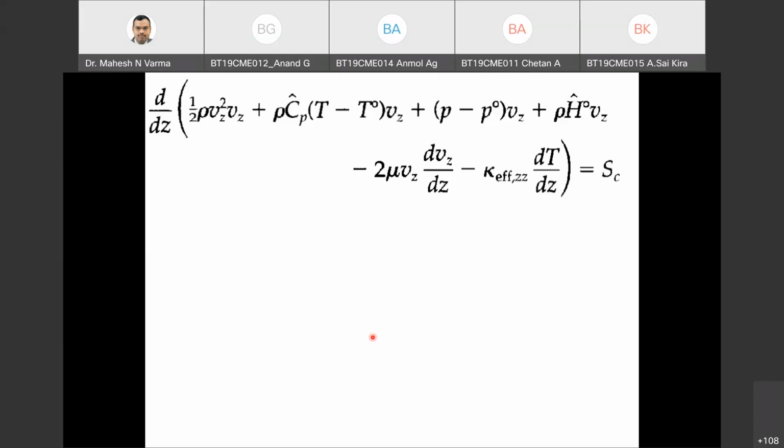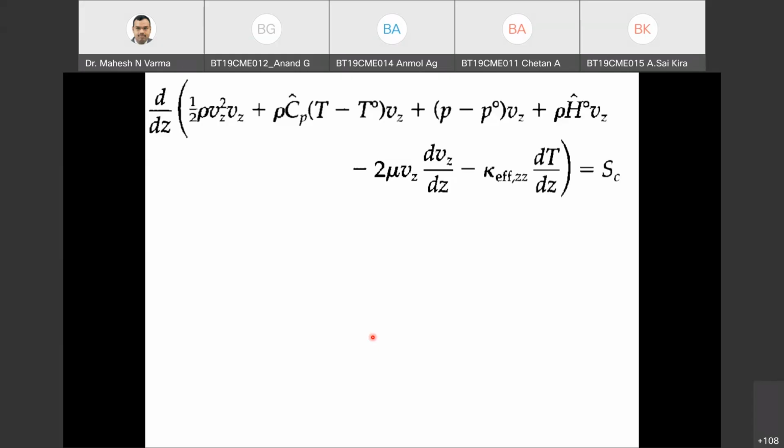Velocity is constant with respect to r. How will that be useful here? Sir, constant velocity along the radius we can't use.